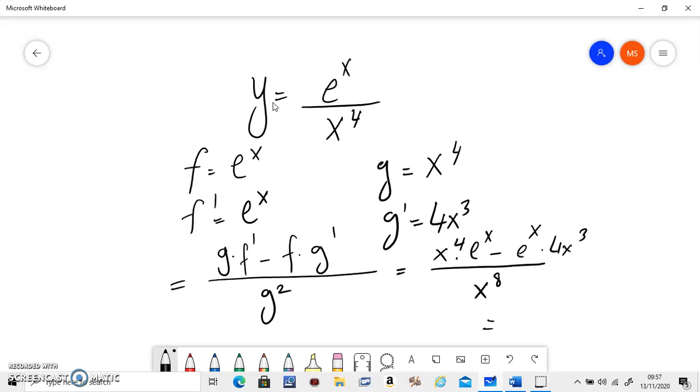If you don't know this, just refresh your basics. Now what's common on the top? E to the x is common. What else? X cubed is common. And whatever is left goes into the bracket.